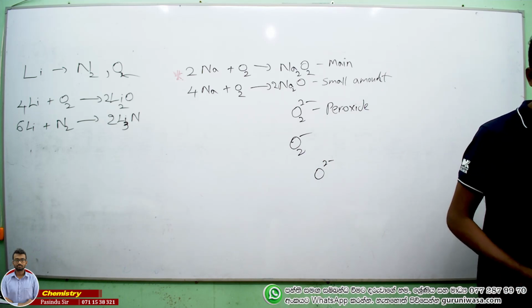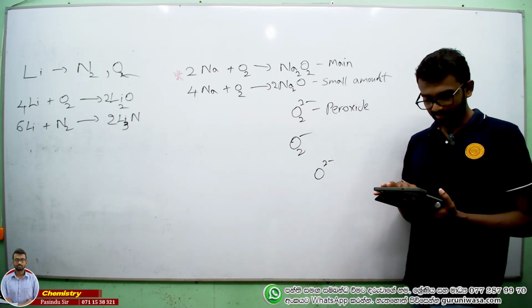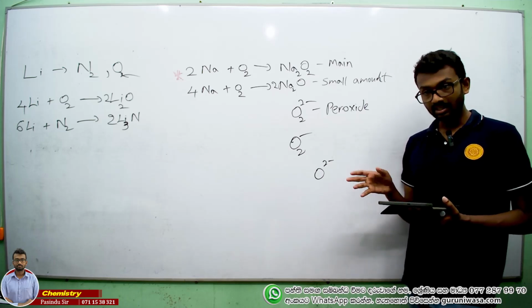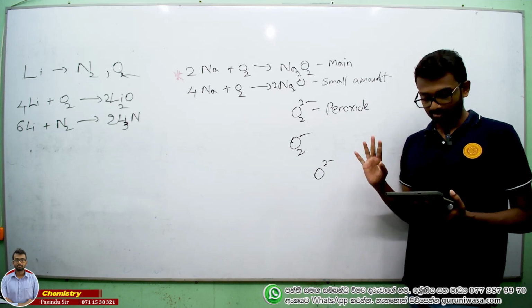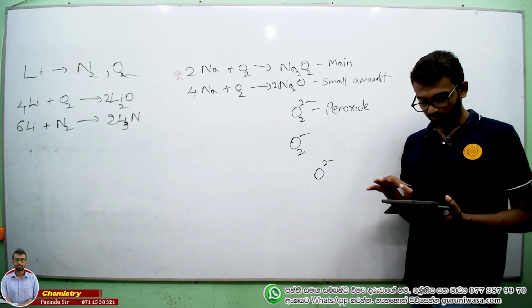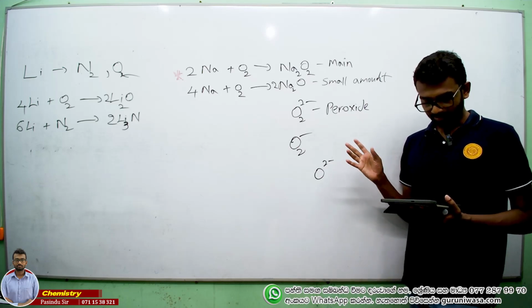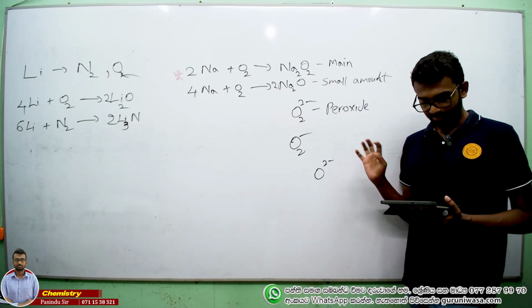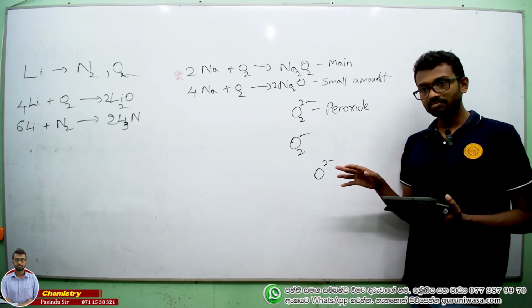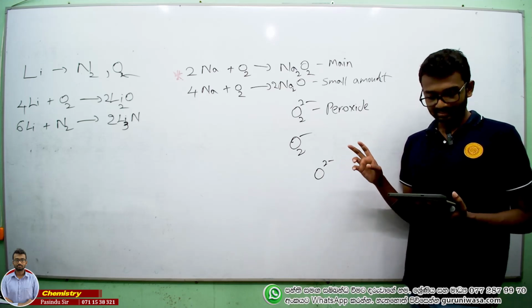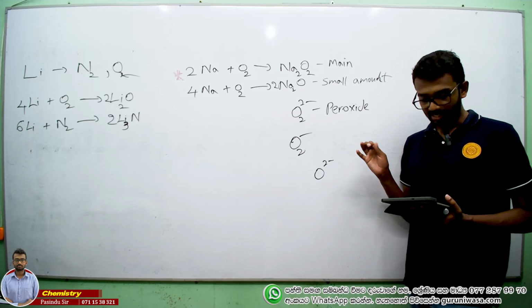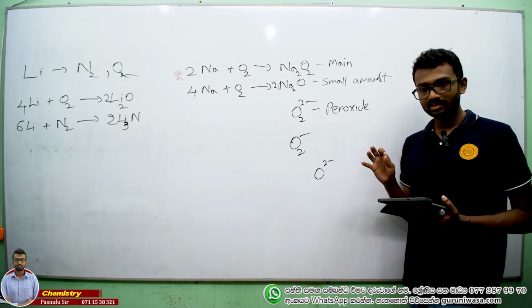Write down: potassium burnt in air and formed potassium superoxide as the main product, with some potassium oxide and potassium peroxide, right?